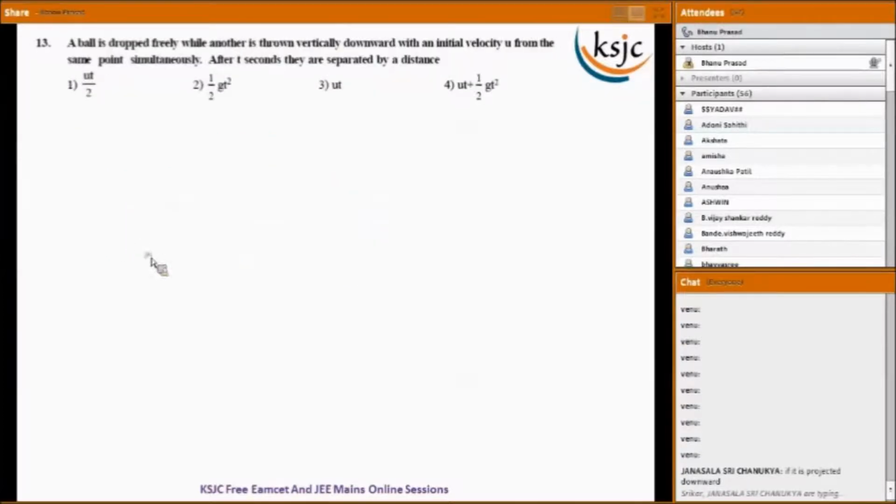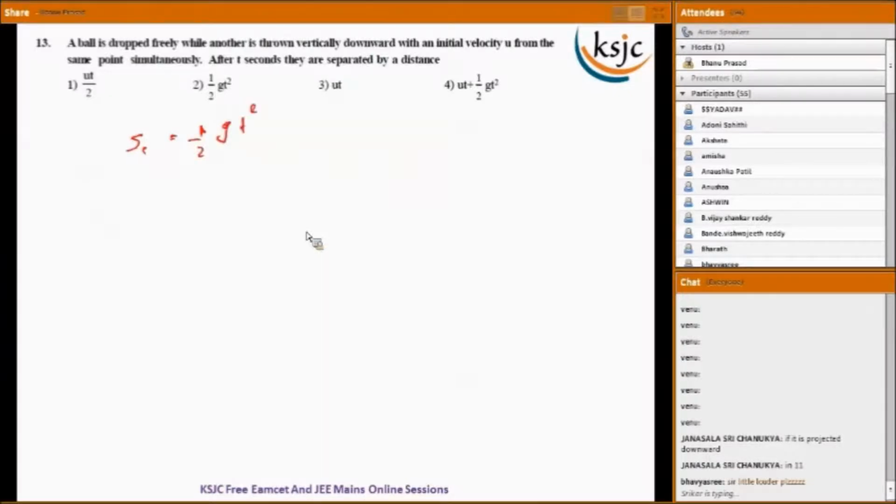13th one. A ball is dropped freely while another is thrown vertically downwards with an initial velocity u from the same point simultaneously. After t seconds, they are separated by, okay, the first body which has been dropped will travel a distance of s1 equals half g t square, whereas the second one which has been projected down will travel a distance of ut plus half g t square.